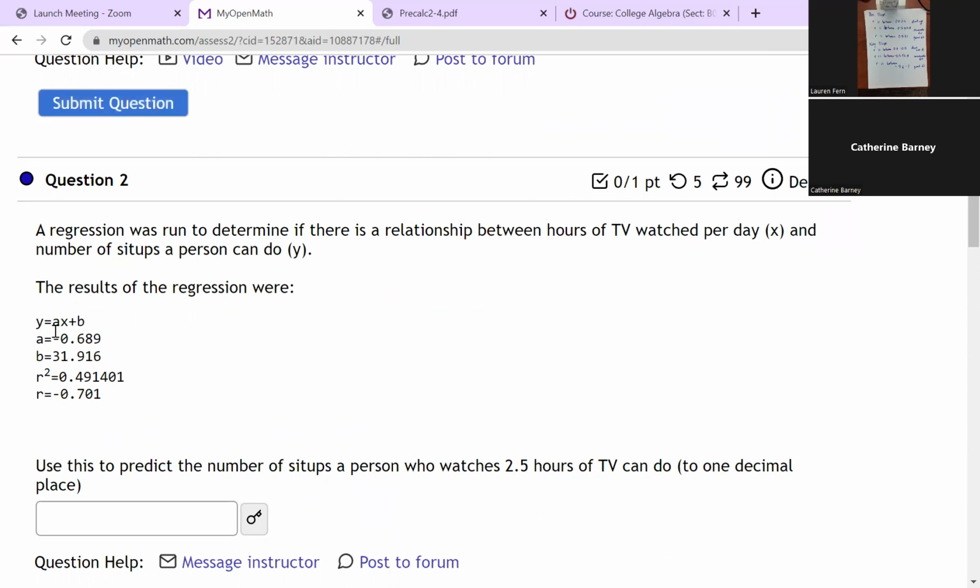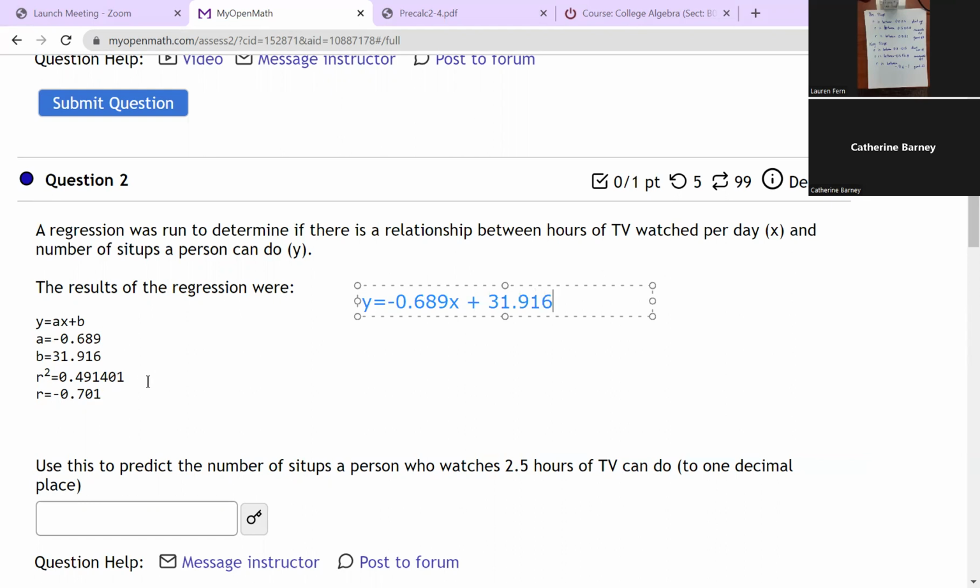Instead of mx plus b, a lot of calculators use ax plus b, but notice they give you the value of a and the value of b. So if I was to write the equation of this line, given what we found, I would say y equals negative 0.689x plus 31.916.